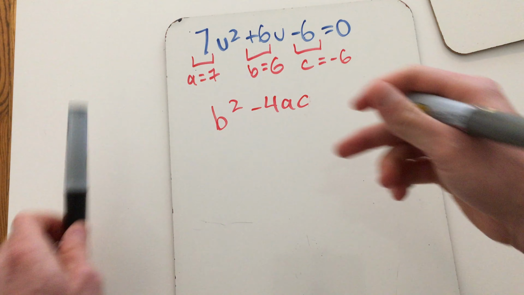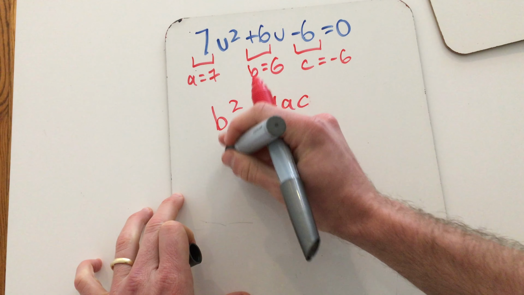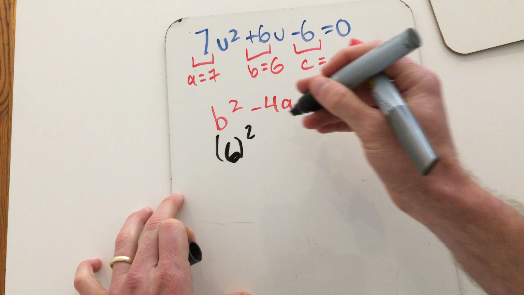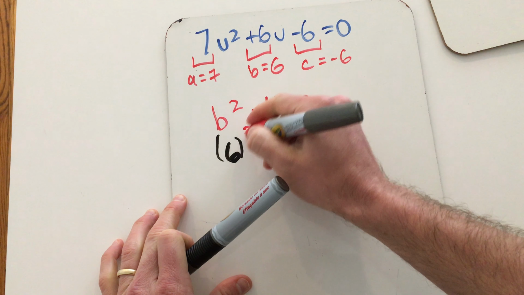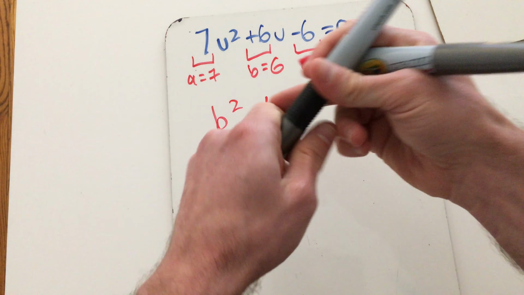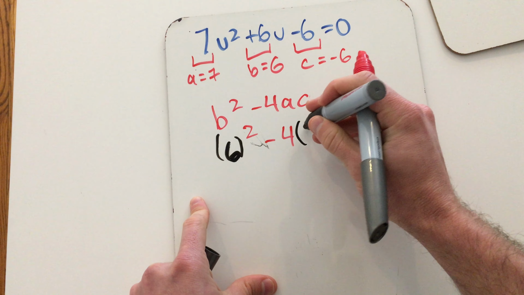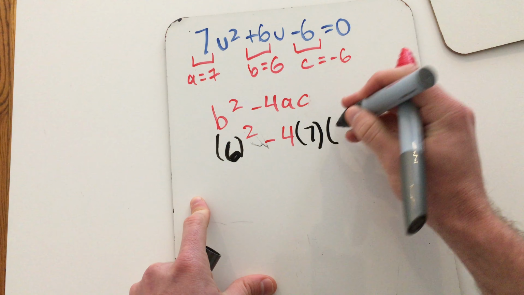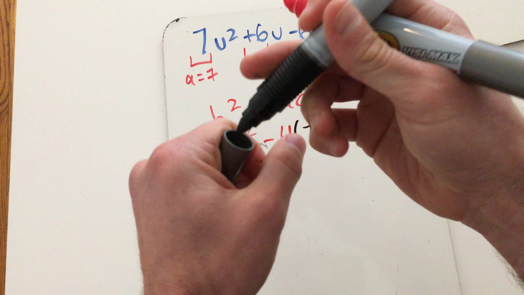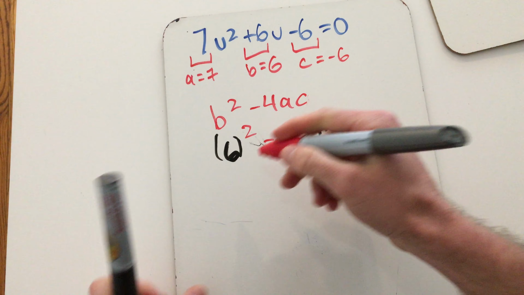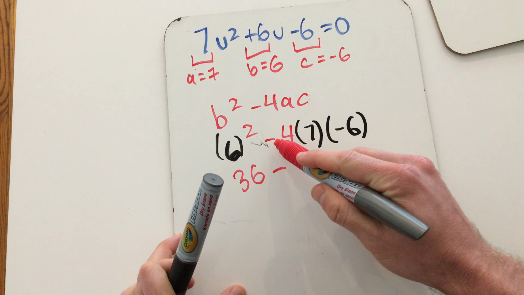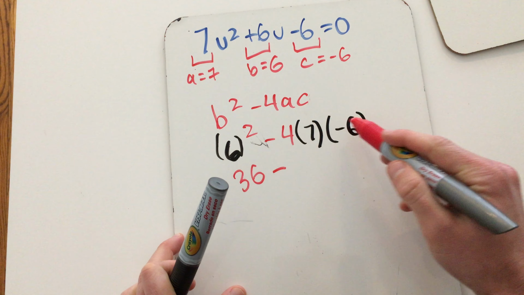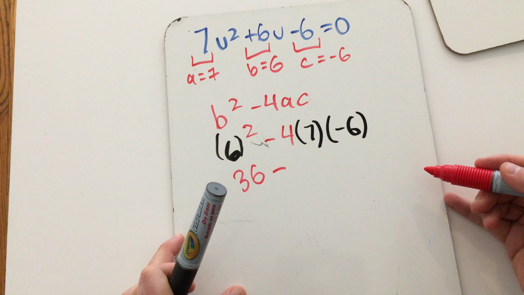So b is 6. So let's do 6 squared, minus 4ac. A is 7. C is negative 6. So b squared, 6 squared would be 36. Minus, let's see, negative 4 and negative 6. When we multiply those, we get positive 24.